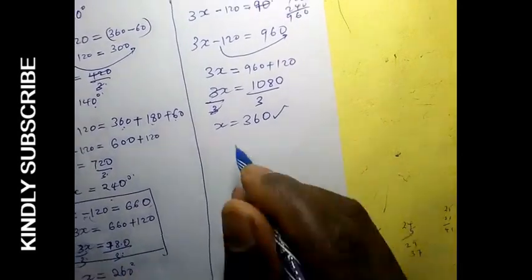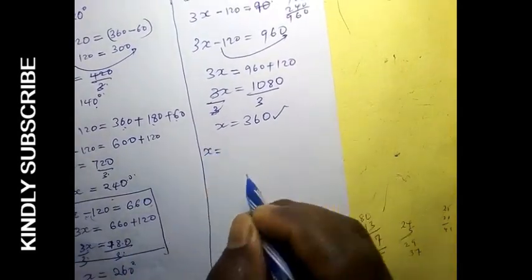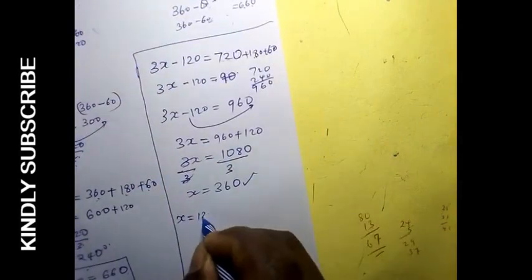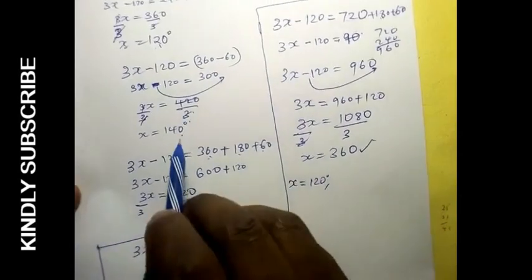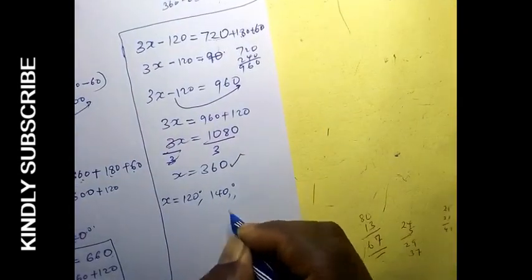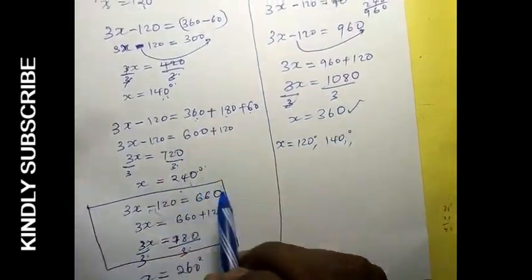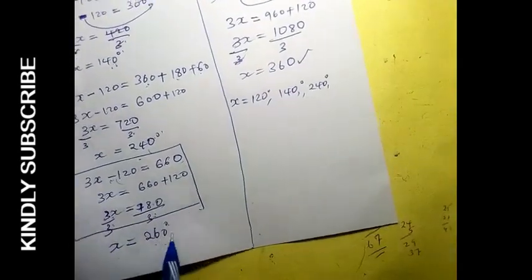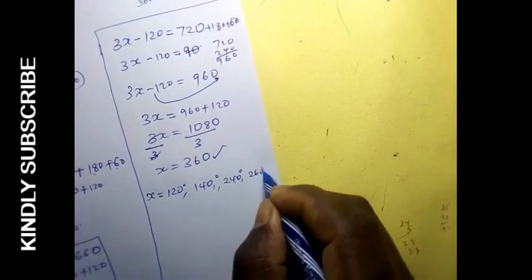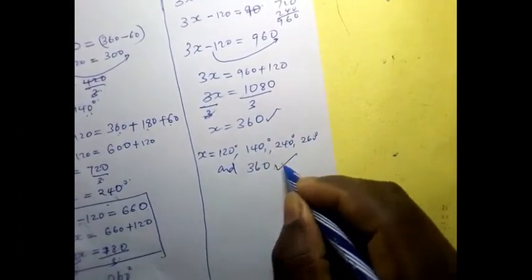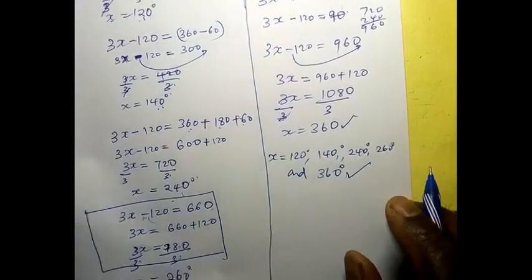And now we have the values of x equal to, the first one was 120 degrees, the second one was 140 degrees, then 240 degrees, 260 degrees, and 360 degrees, and you finish that question.